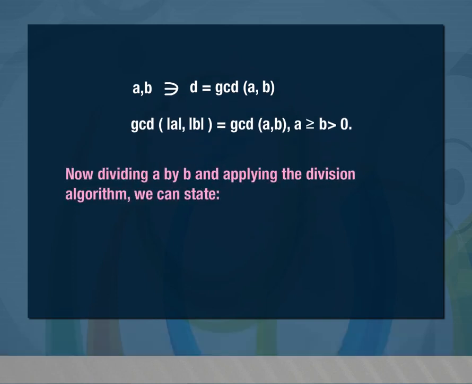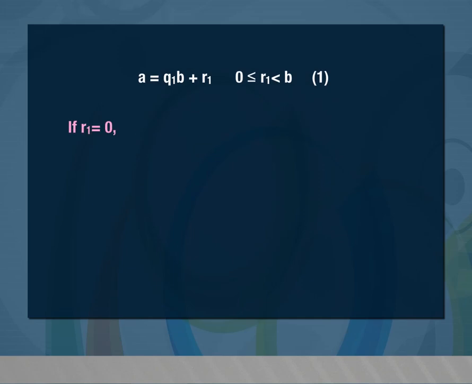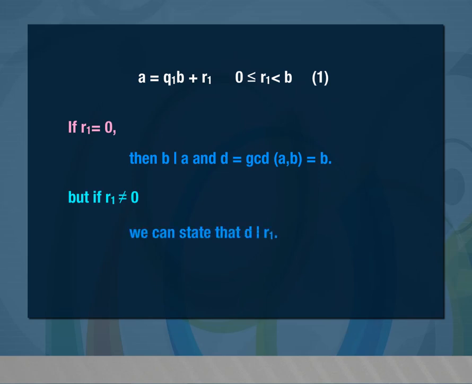Now dividing a by b and applying the division algorithm, we can state a is equal to q1 b plus r1, where 0 is less than or equal to r1, which is less than b. If r1 is equal to 0, then b divides a and d, which is GCD of a, b, is equal to b. But if r1 is not equal to 0, we can state that d divides r1.